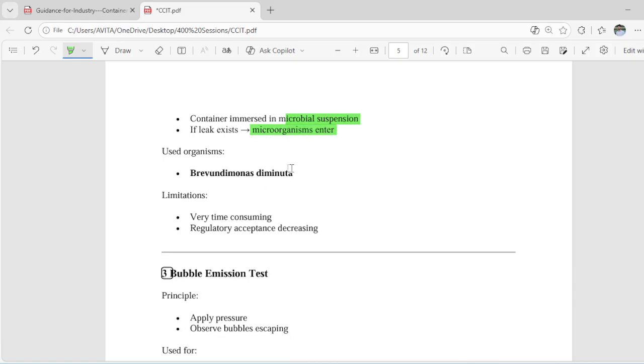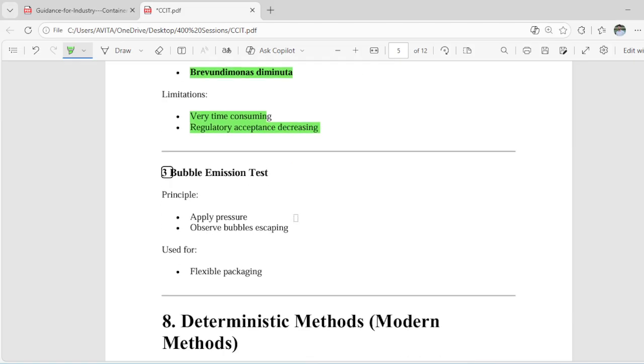The microorganism used is Brevundimonas diminuta, and its limitation is that it is very time consuming because we have to grow it onto the media and test that. So that's one limitation, and the second one is that regulatory acceptance is decreasing now.